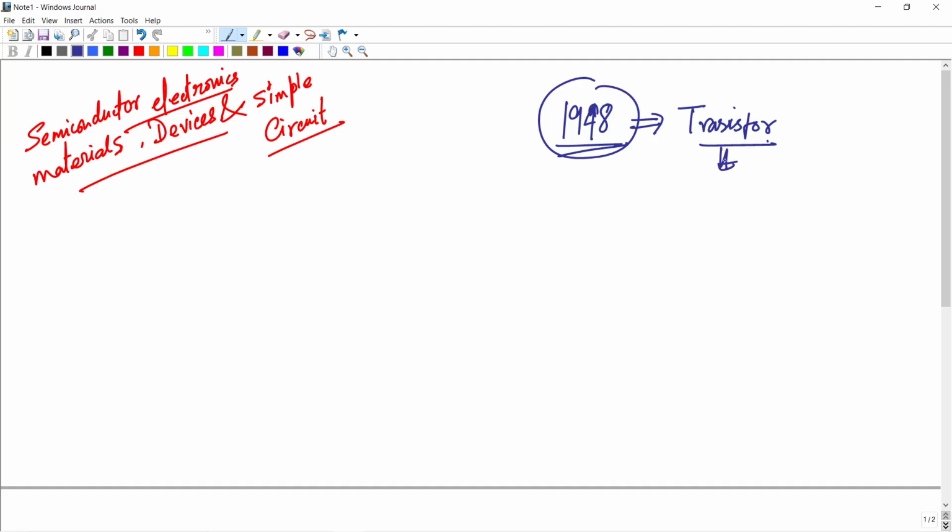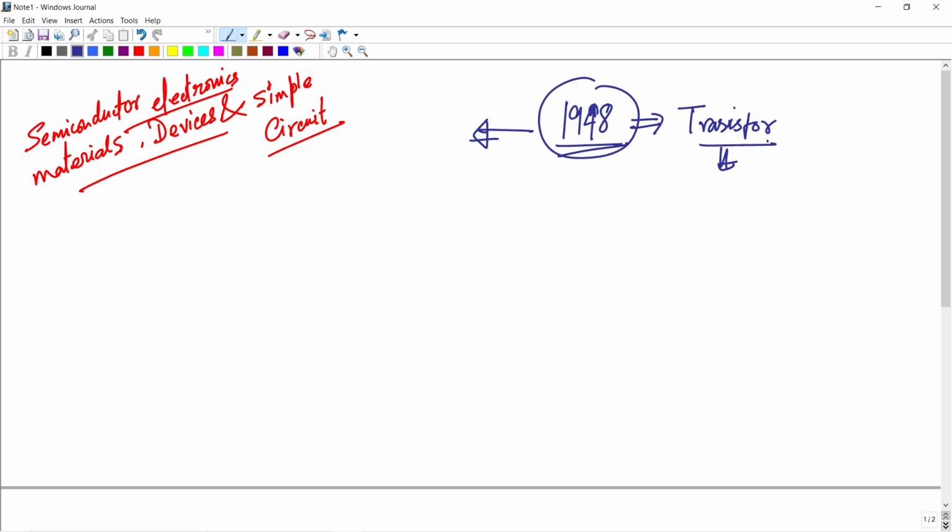When we discuss the transistor, we will discuss in detail what a transistor is. So now in this class 12 syllabus, the basic idea about what is a semiconductor, some semiconductor devices, materials, and basic simple circuits. So before the discovery of the transistor, before the 1950s.